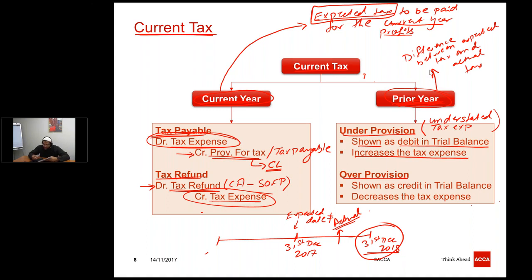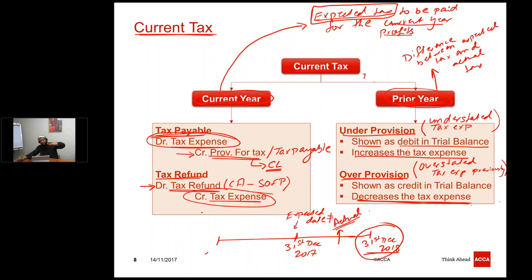Okay, that's good. Now the second thing is over provision. The over provision means that we had actually overstated the tax expense previously. So now we are going to decrease the tax expense in the current year. So the word over provision means that we have overstated the tax expense in the last year.